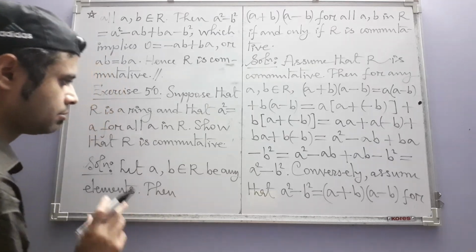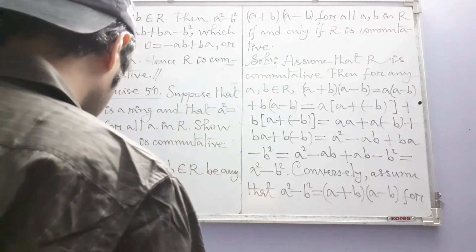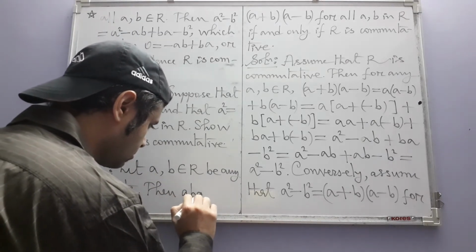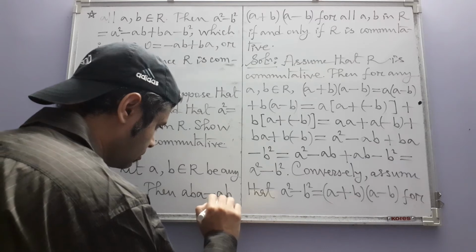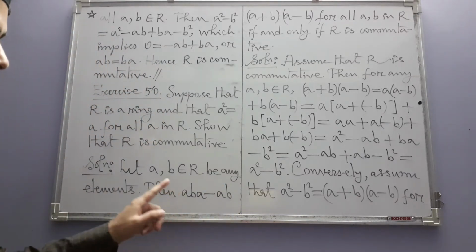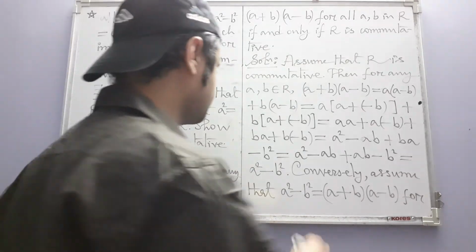we perform two computations. We concentrate on this element ABA minus AB. Let us see what we can do with this.